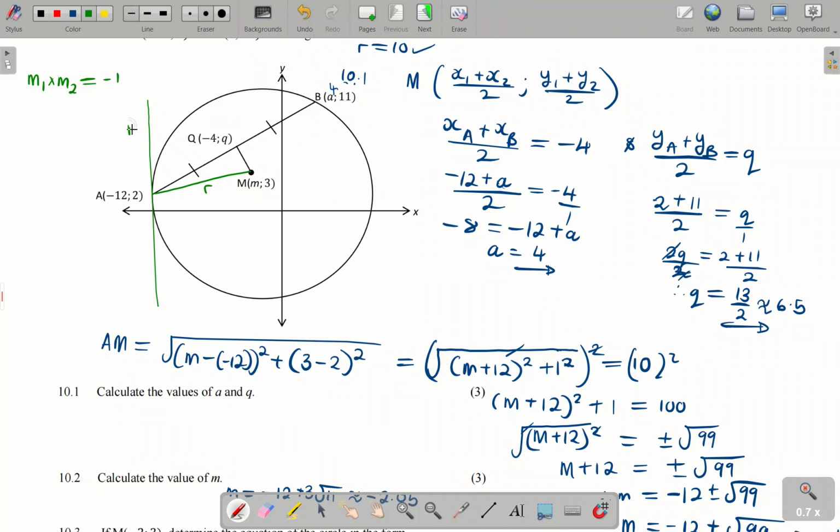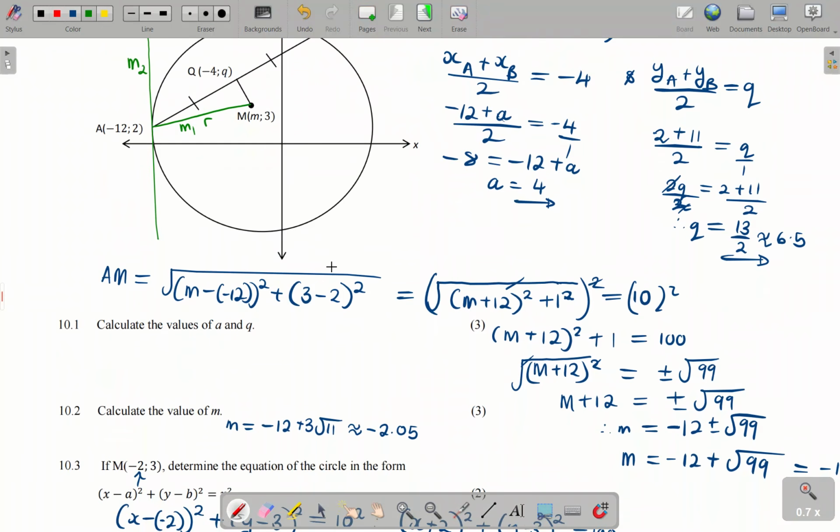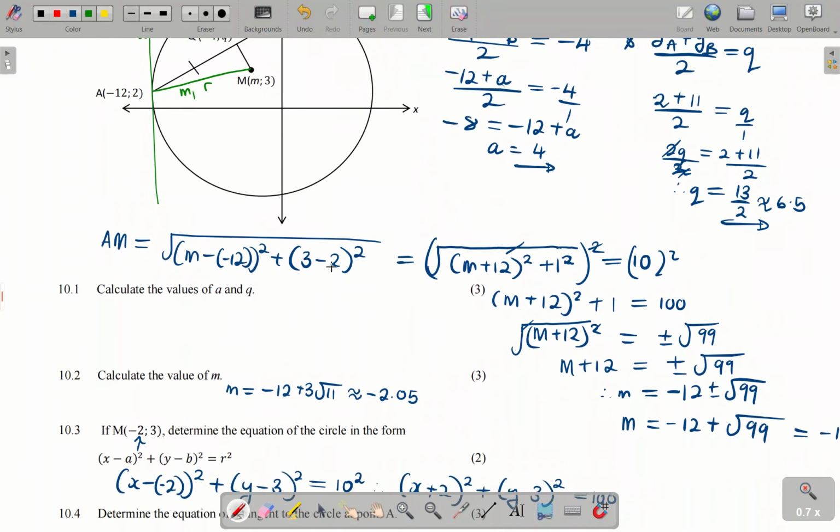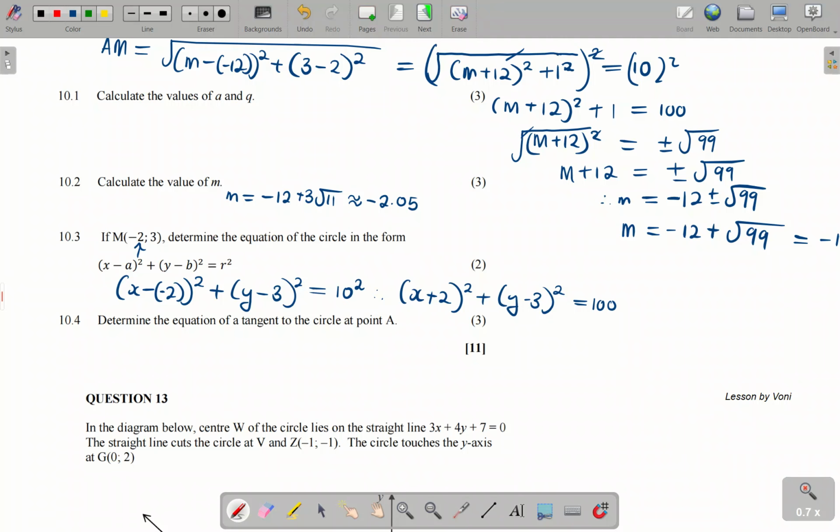So we can call this our M2. We need the M1. So let's go and calculate the gradient of AM. Remember the value of M is -2.